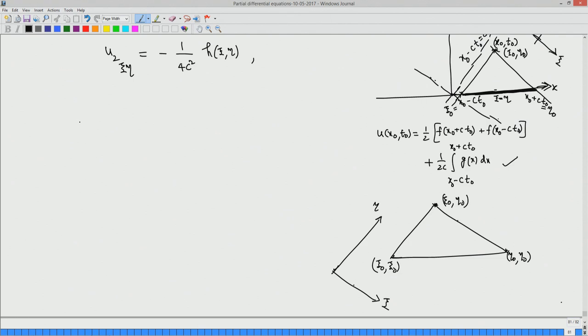So, first to do that, you integrate from xi naught to eta naught with d xi, and you integrate from xi equal to eta, so you do it from xi to eta naught with your d eta.